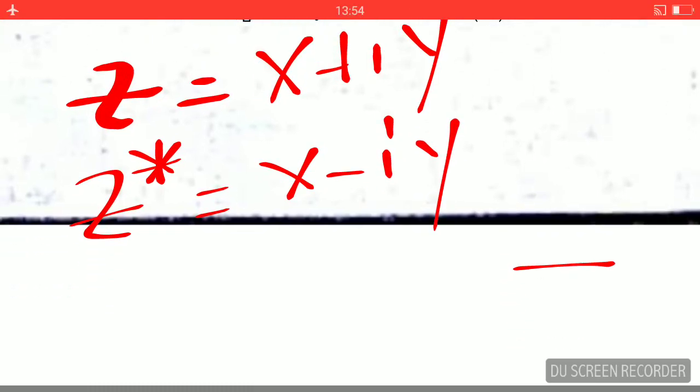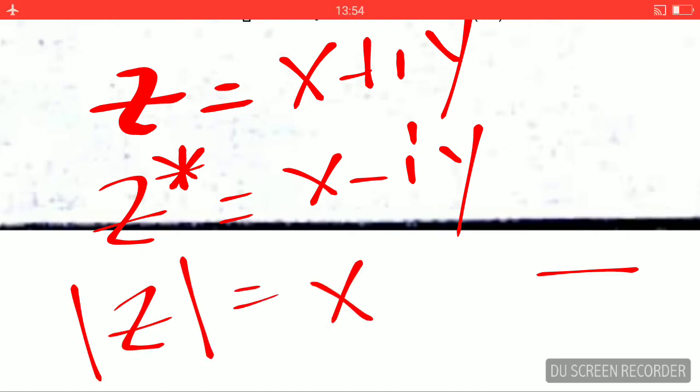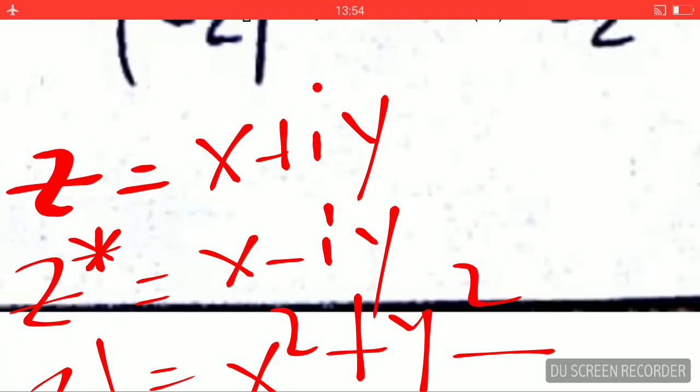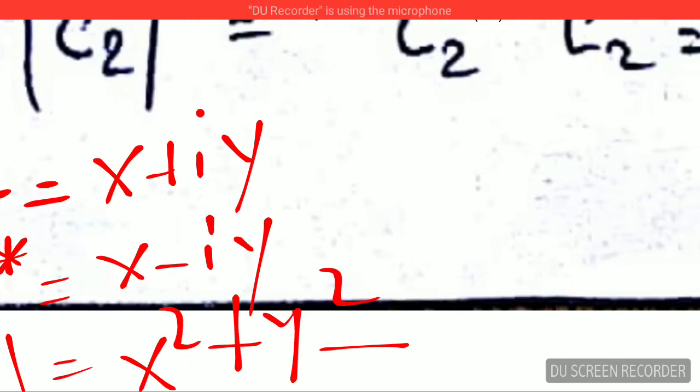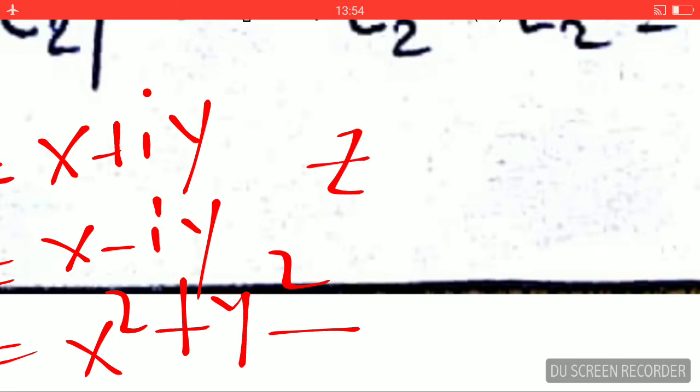We also know that the mod of z squared equals x square plus y square. So these are the things which we know very well. Let's see what will happen if I multiply z and z conjugate.